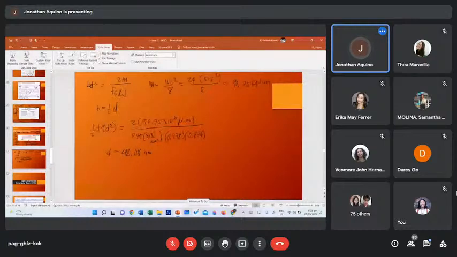So B will now become 1/2 of D, or just simply 1/2 times 488.08. Just simply, 488.08 divided by 2. So 244.